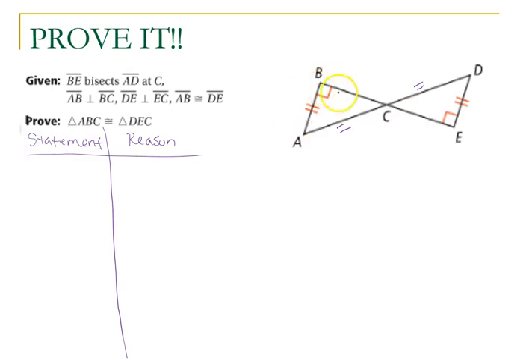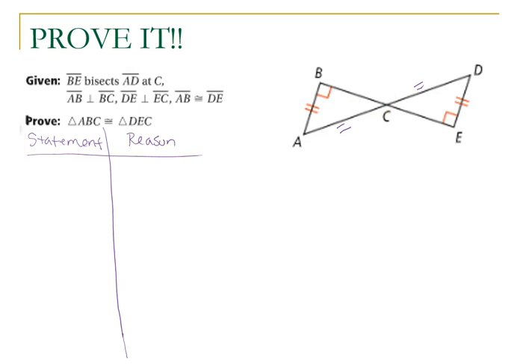They already marked for me because they're perpendicular, they're meeting at a right angle. And then we have AB congruent to DE, and that's already been marked up for us. Great. So now I have to come up with a plan.